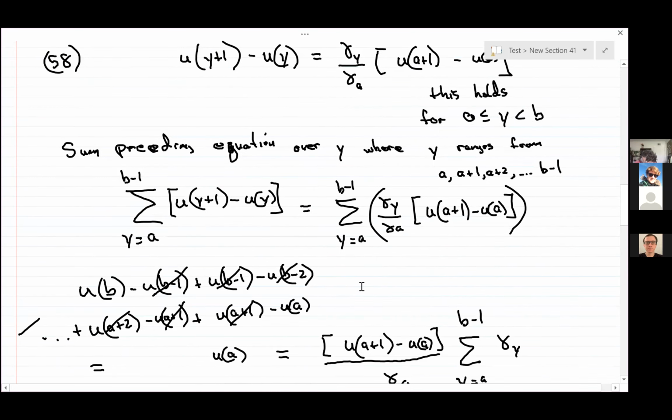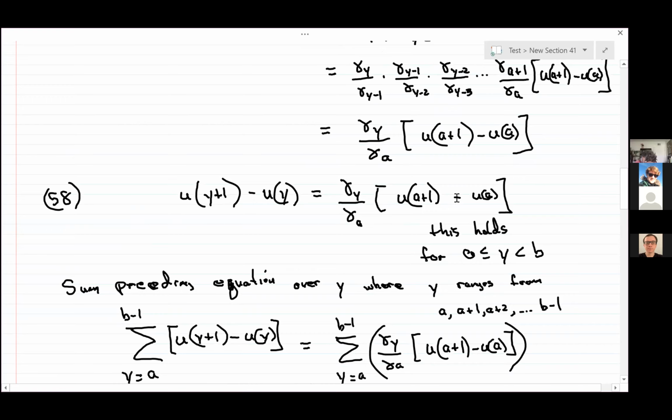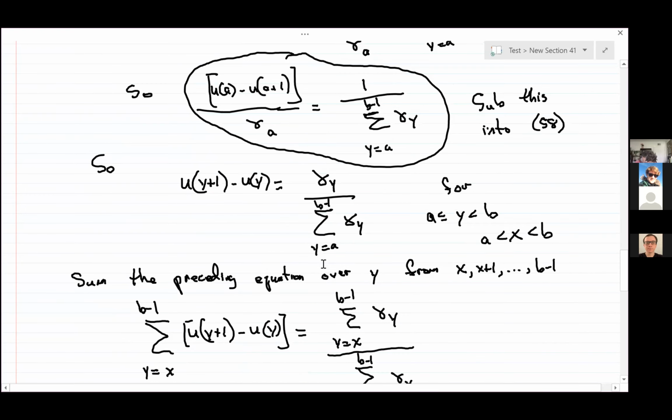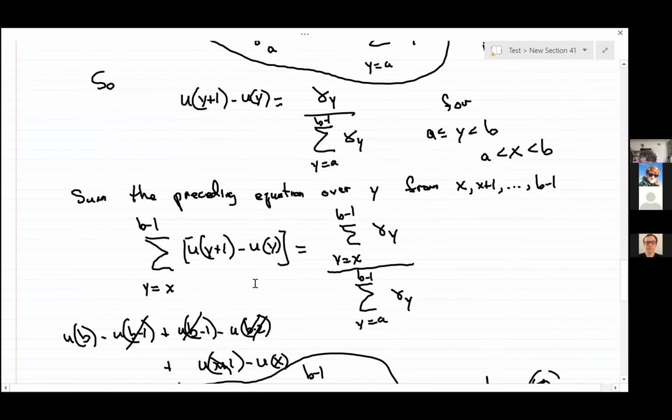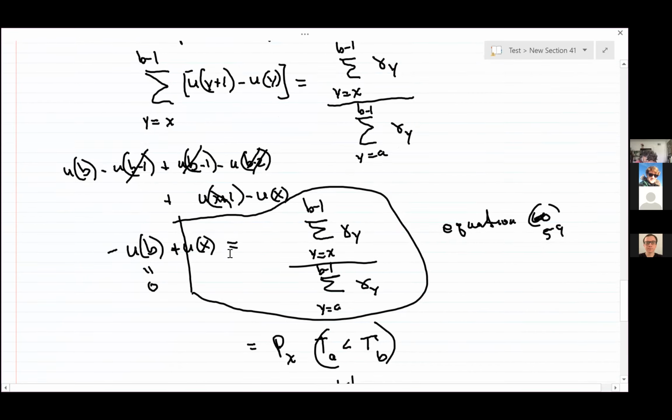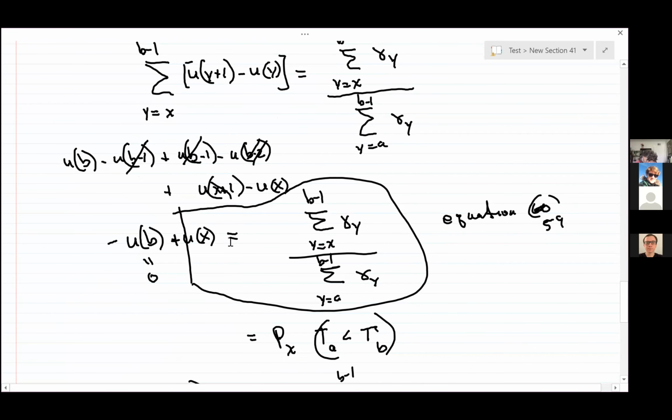And so you back substitute the one you know on the right. So now what's on the right is known, and this is not. And then you do the trick again. You sum over all the y's, and the thing on the left becomes essentially what you want, just u(x).